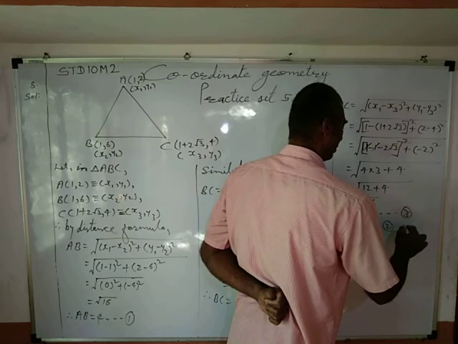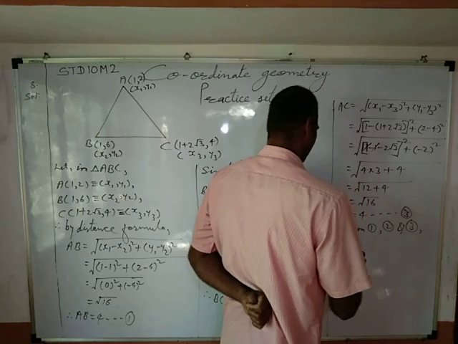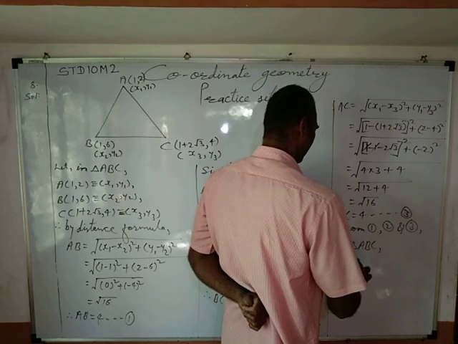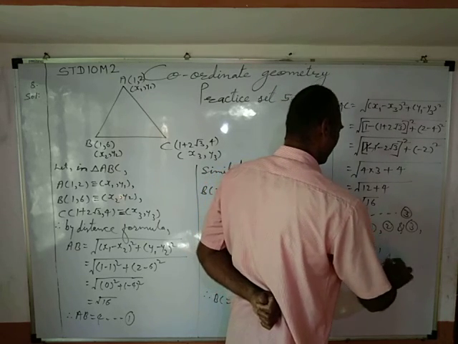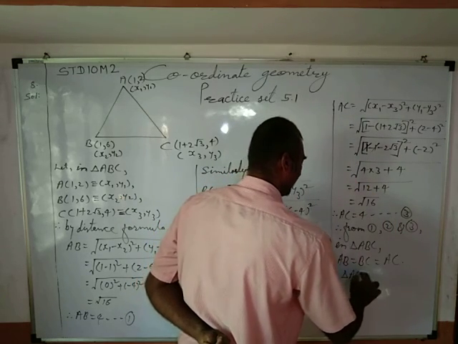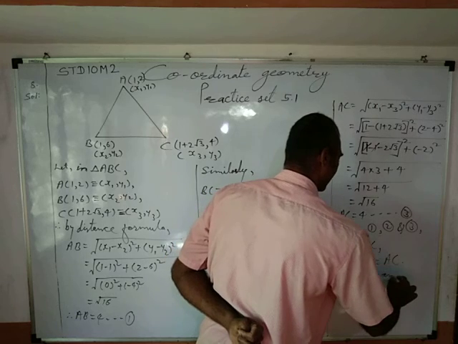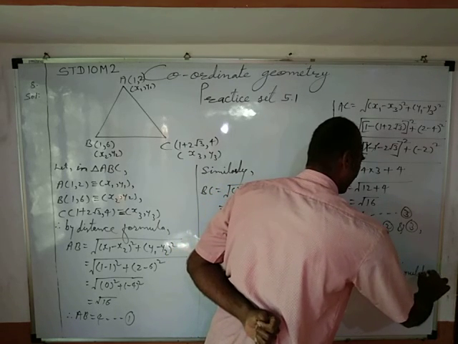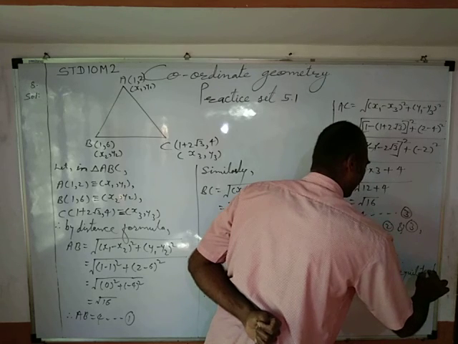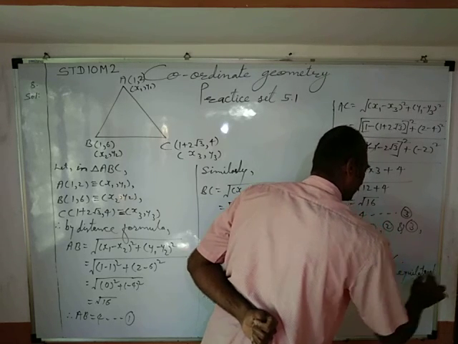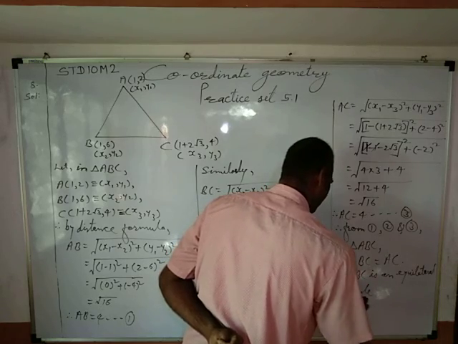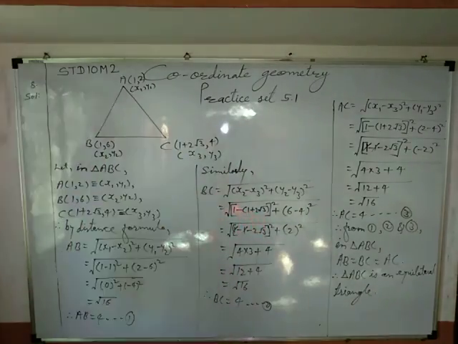Therefore, from 1, 2 and 3, in triangle ABC, AB equals BC equals AC, and therefore triangle ABC is an equilateral triangle.